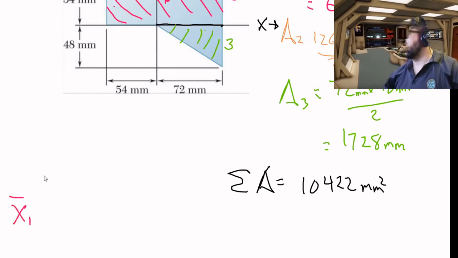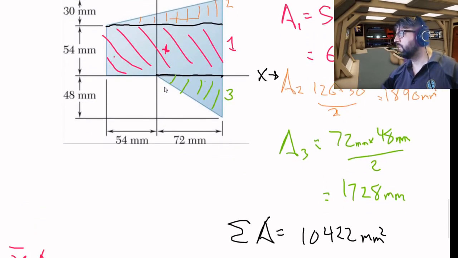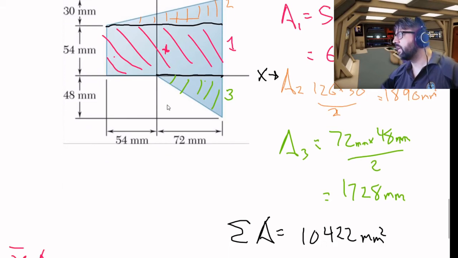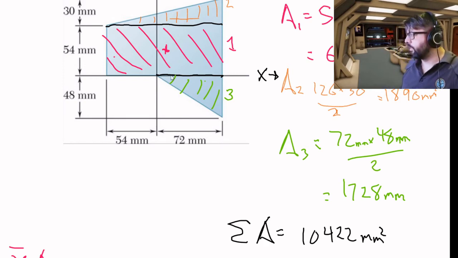Our x bar 1 A1 is going to be equal to, so the x bar is just the distance along the x-axis to the centroid, or the distance from the y-axis, if you're looking at this in this plane here, so along the x-axis. So we know that the centroid of a rectangle is going to be smack dab in the middle of the rectangle.